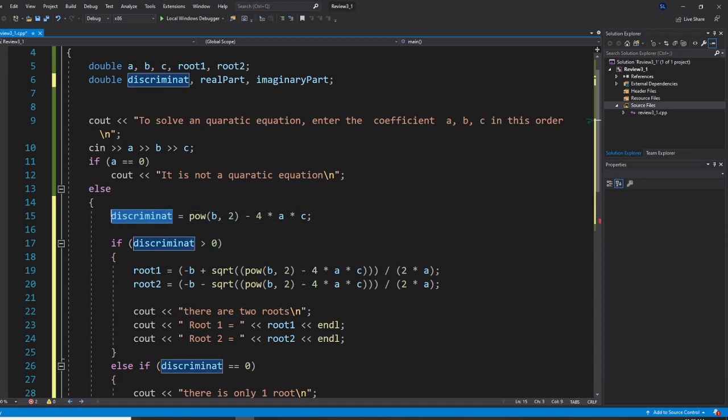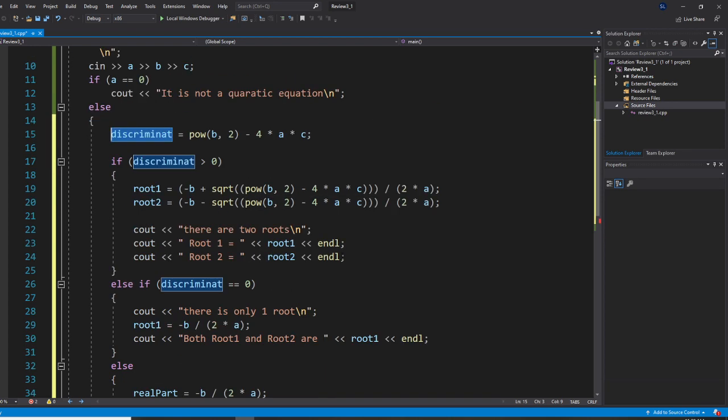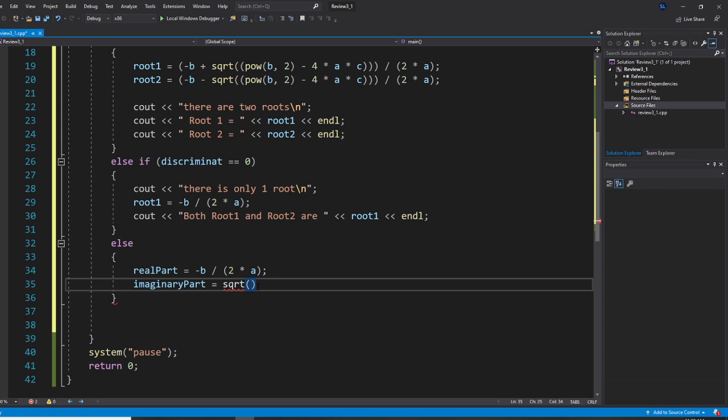So I'm going to say discriminant, Control C, and I take my discriminant, the square root of that, divided by 2 times a.